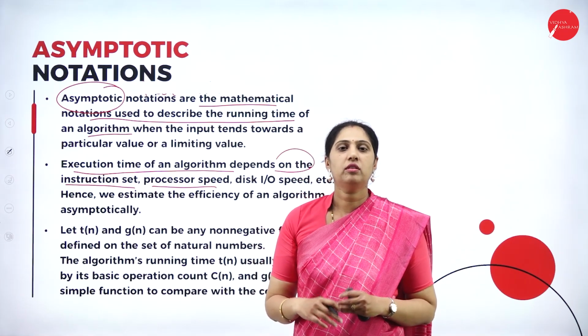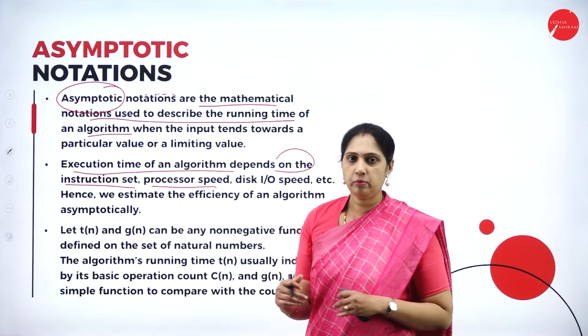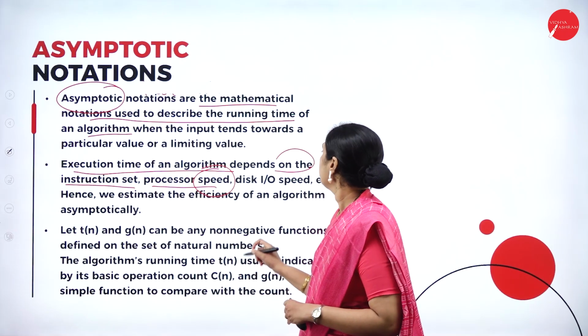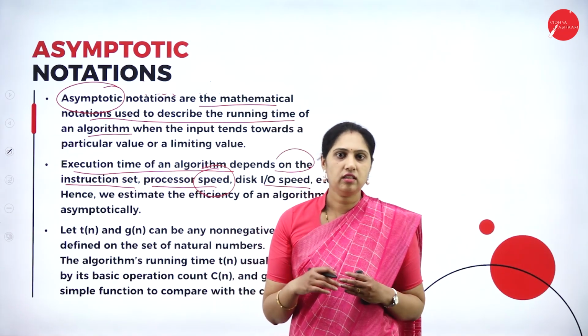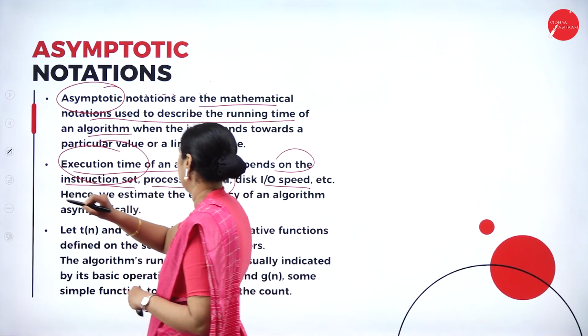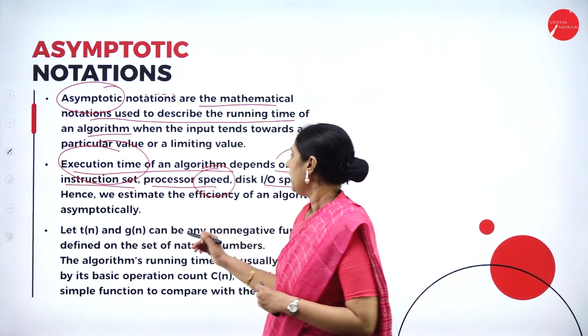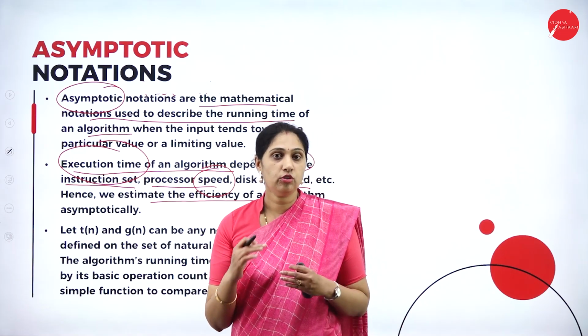Sometimes the speed will be very low, sometimes very high speed. Next, the I/O speed. Like that, many other constraints for the execution time of the algorithm. Okay. How to estimate all this? So, we estimate the efficiency of an algorithm asymptotically.